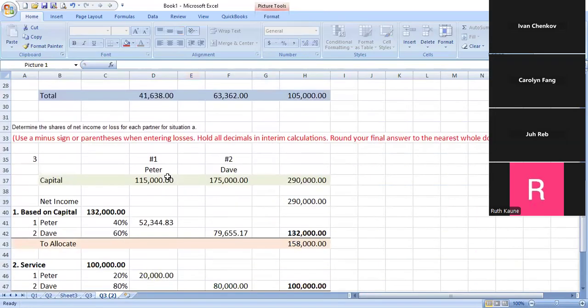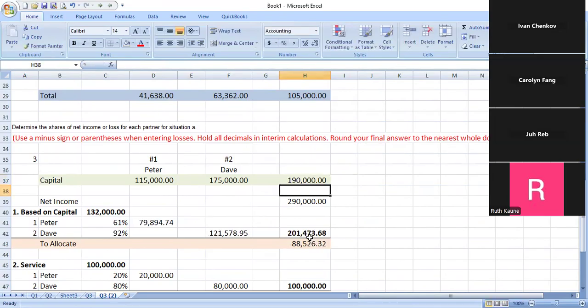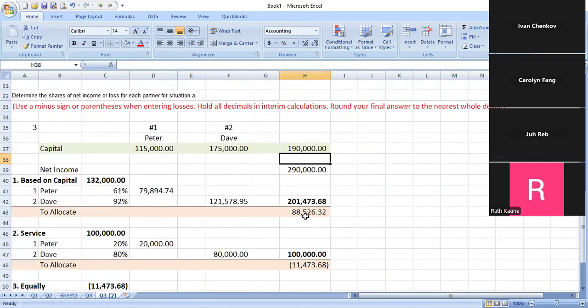So if the income in this case is 190,000, do I have to stop and limit myself to 88,526? Or should I give them 100 for services? What would you say?